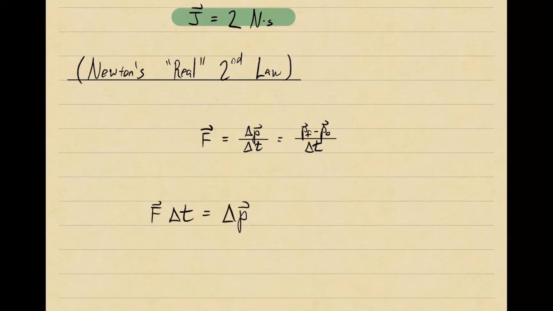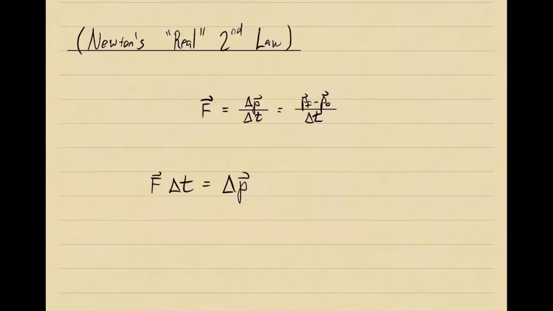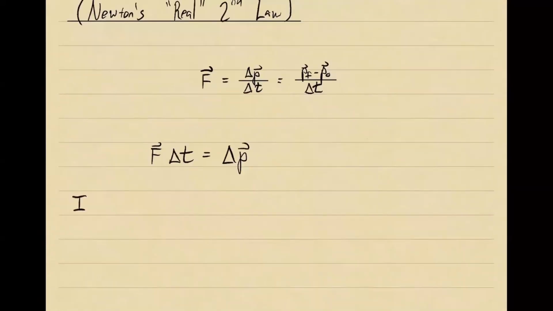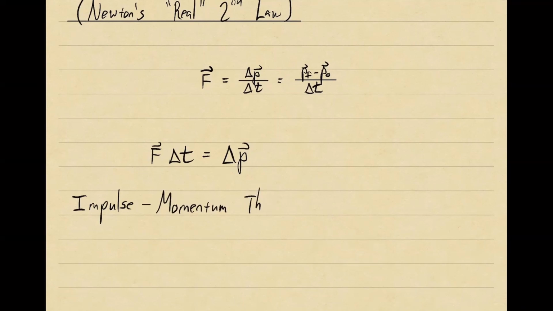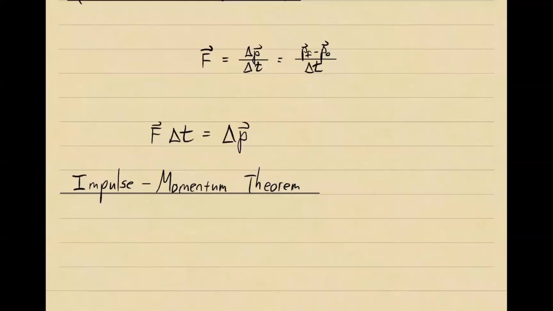This leads us to the impulse momentum theorem. The impulse momentum theorem says pretty much just what I've written down here. This thing on the left-hand side, you'll recognize is how we define our impulse.